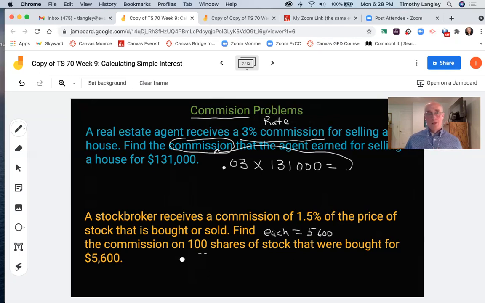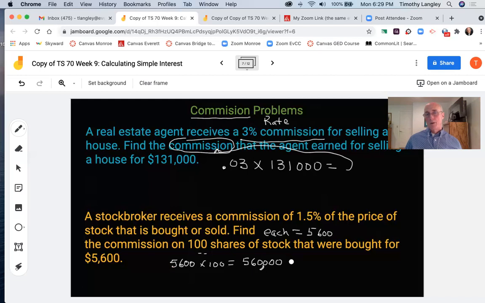So this is how I do it. I do $5,600 times 100, which by the way is going to give me a monster number: 5,600 plus two zeros, which is 560,000. That's $560,000 of sales, but she makes 1.5% of that amount.